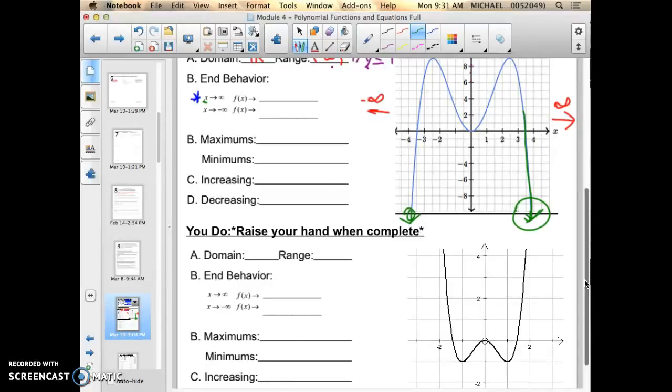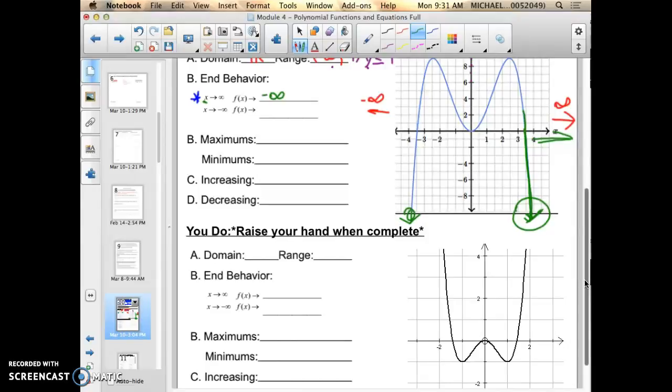So the output approaches negative infinity. I know that's a little tricky to think about, but as x approaches positive infinity, so as it approaches this direction, it's going down. It's going all the way down to negative infinity.